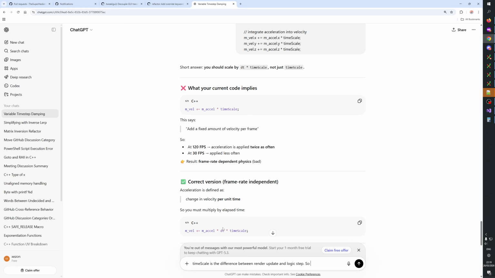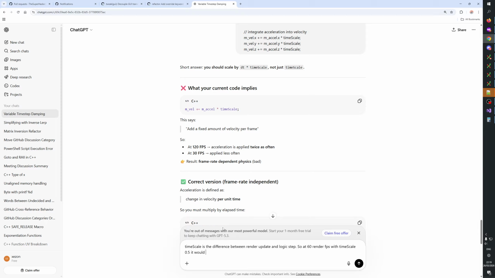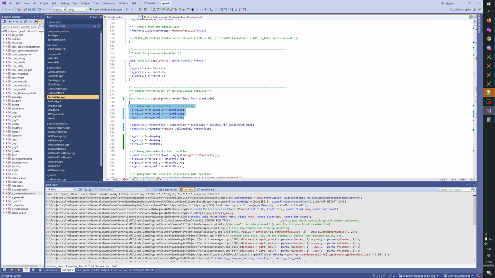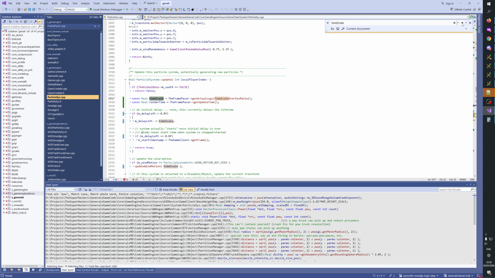So at 60 FPS, render FPS, with timescale 0.5, it would represent logic timescale over FPS ratio.